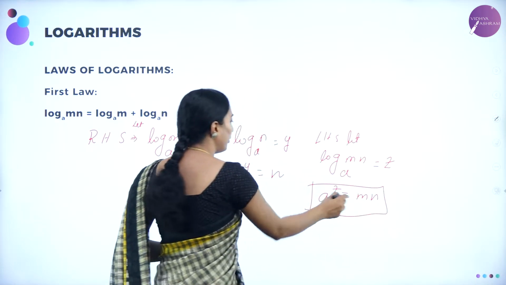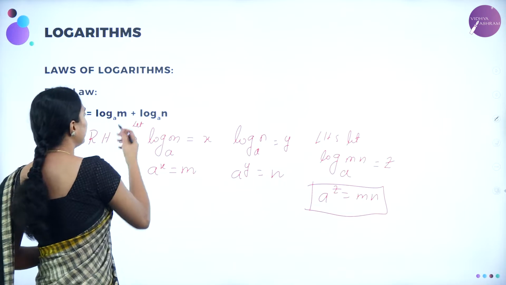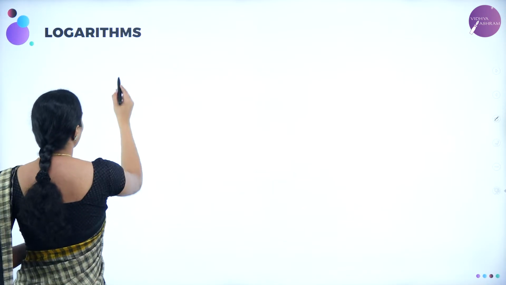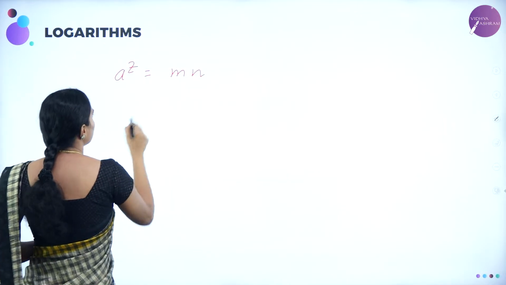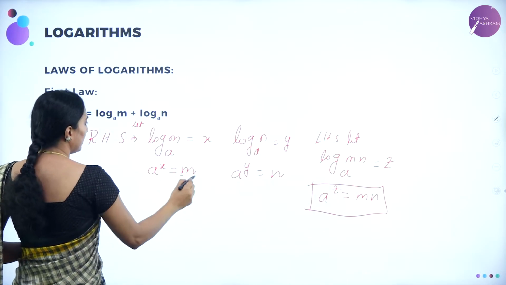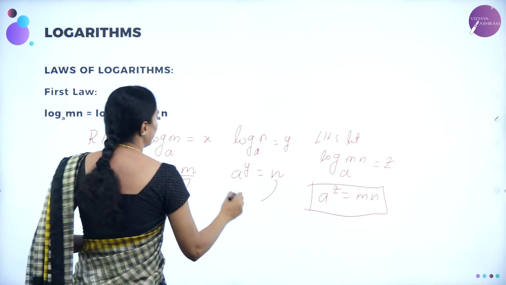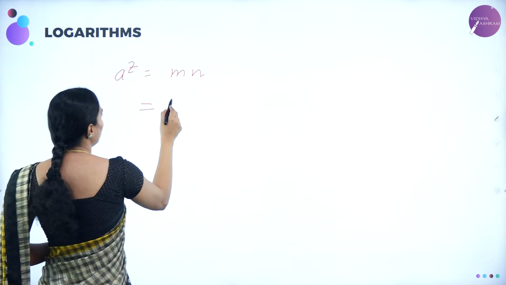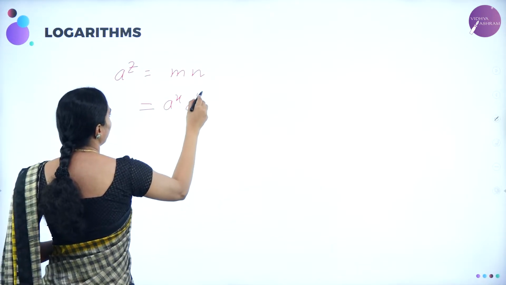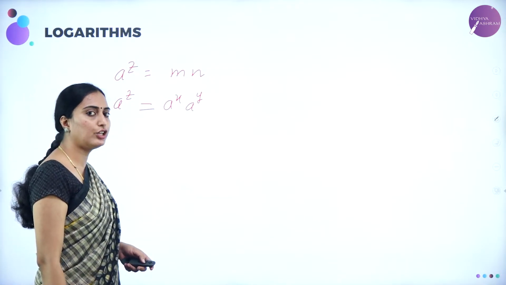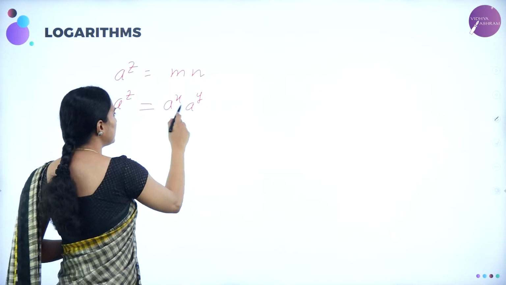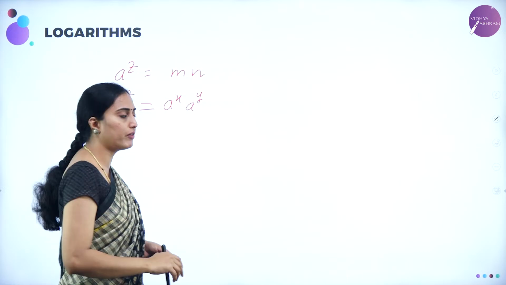Observe, dear students, I am going to take this one, then prove whatever the right hand side is. Therefore, a power z is nothing but mn. Substitute m as a power x and n as a power y. So a power x times a power y. According to the theory of indices, if the bases are the same, I can add the powers.